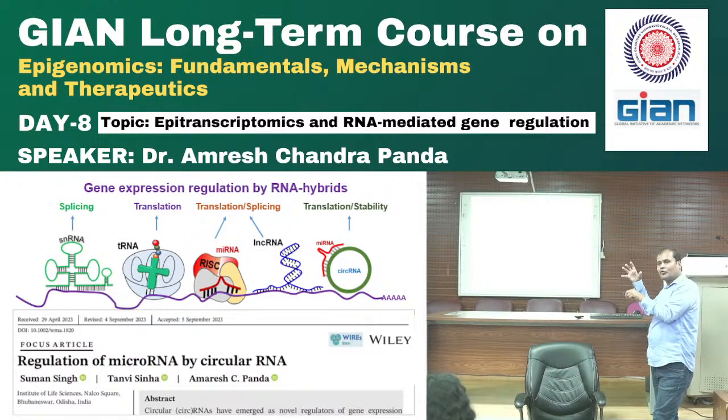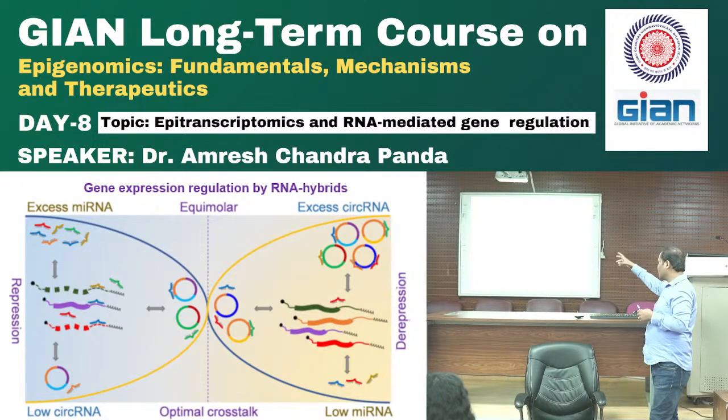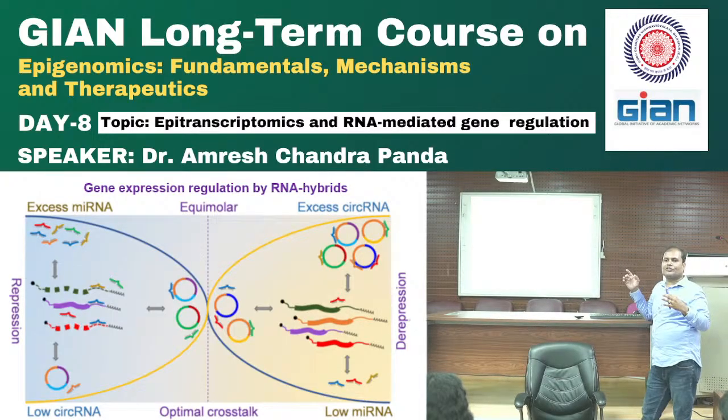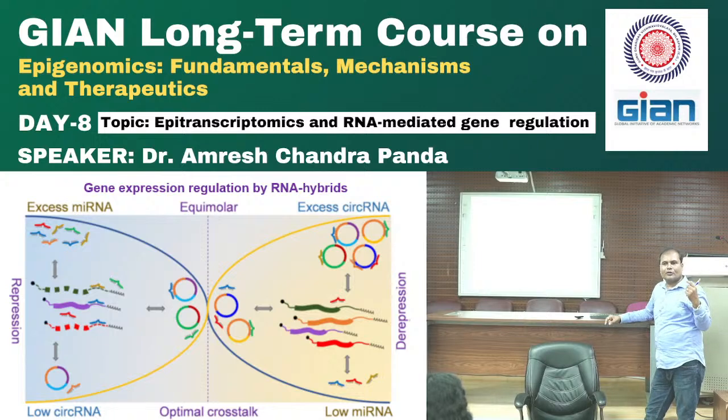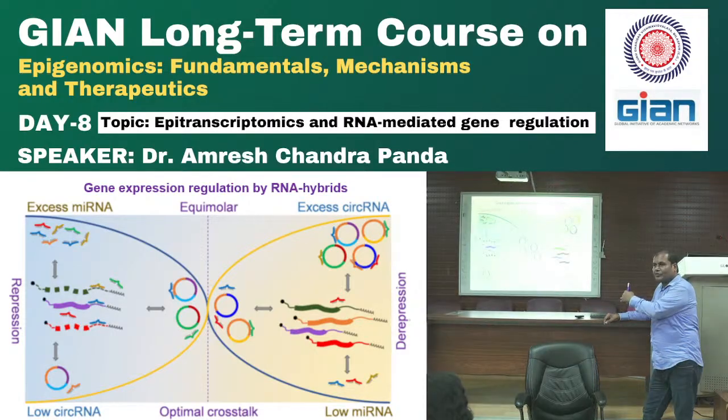So they all are sponged, they are expressed but they don't work. Okay. In the opposite scenario, you have an excess of microRNA that can inhibit expression, or you have a lower number of circRNA, so the microRNA is more active. So in two completely opposing scenarios, you can control gene expression depending on microRNA availability and circRNA availability, because circRNA is acting as a sponge for the microRNA.